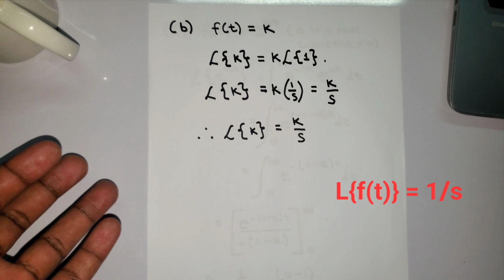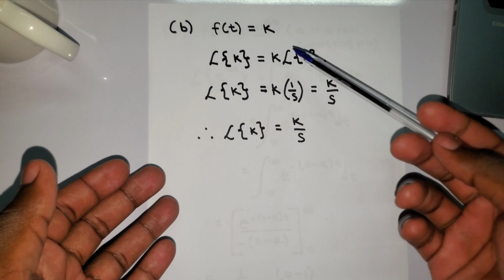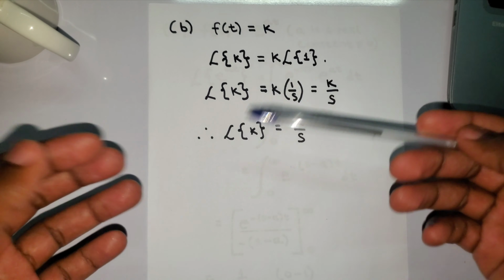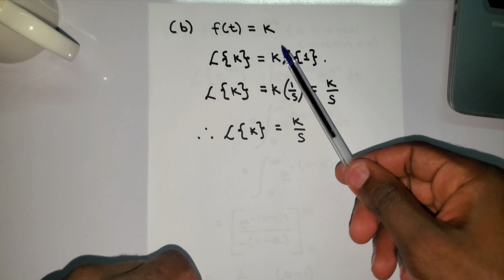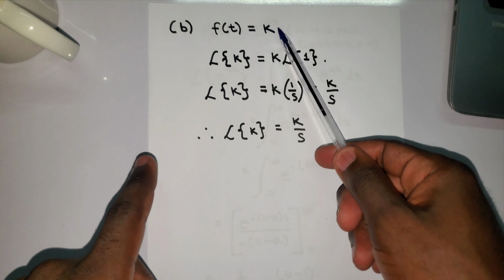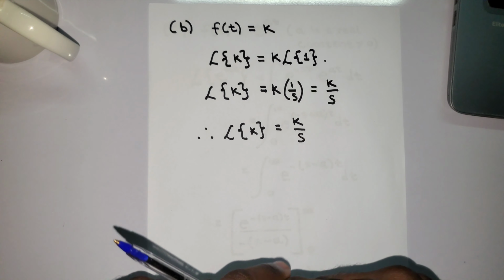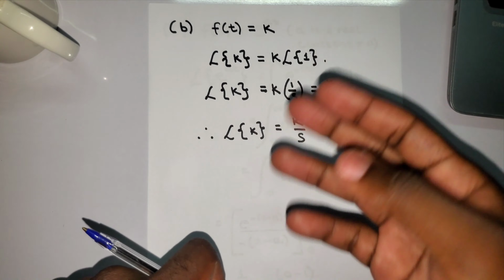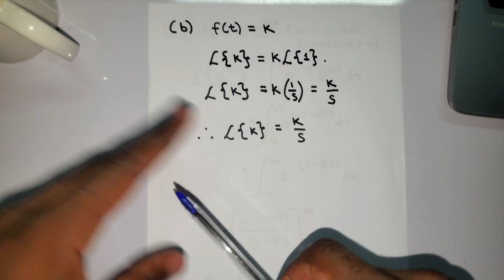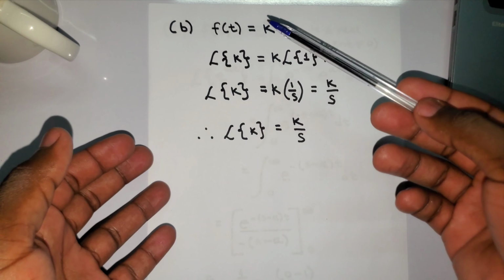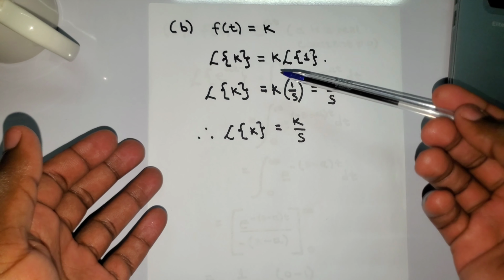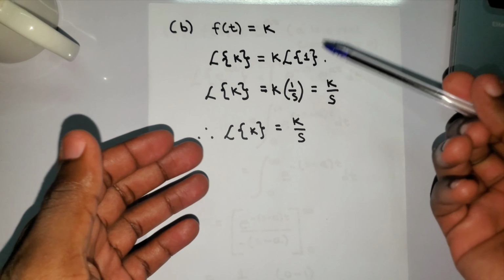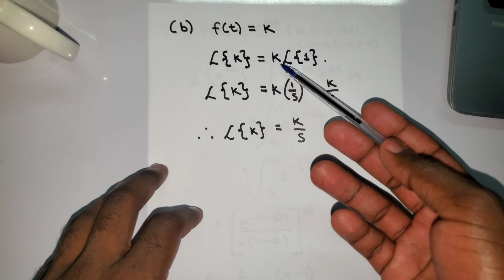Then we can also look at the function f of t is equal to k. What we've basically done is, where there was a 1, we've multiplied it by k. Remember what we said in the previous video when we looked at the linearity properties of Laplace transforms. When you are multiplying a function with a constant, you can push the constant out of the Laplace transform.